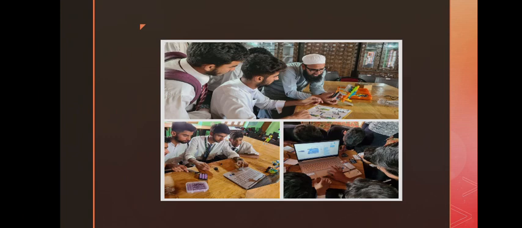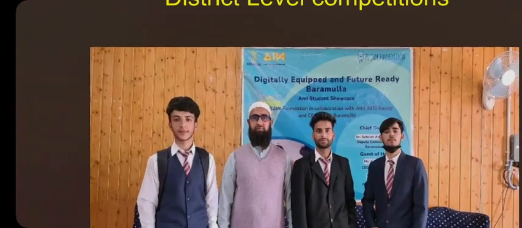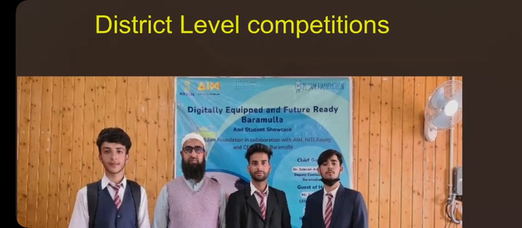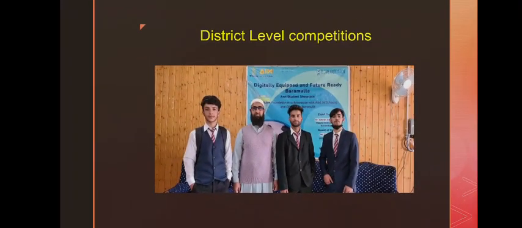We participated in that, and we also took the projects to the district level. We were invited there to present our projects, and the students presented their projects at district level. You can see there were some girl students who also participated, and at the district level, they were felicitated with participation certificates, and they were encouraged to showcase these projects at different levels.